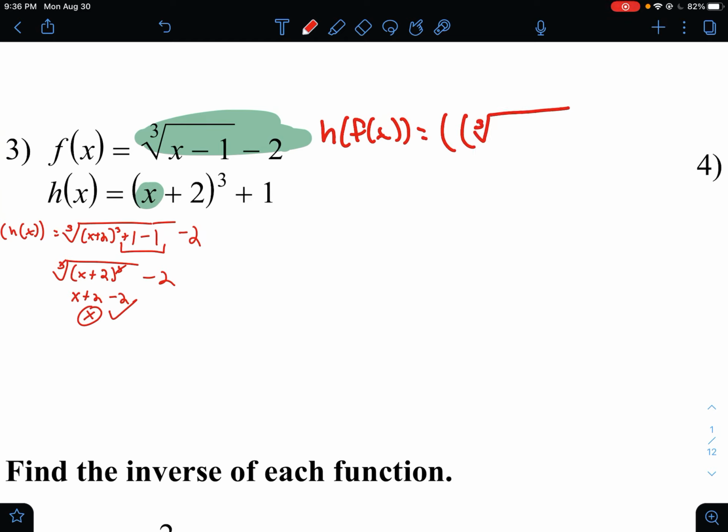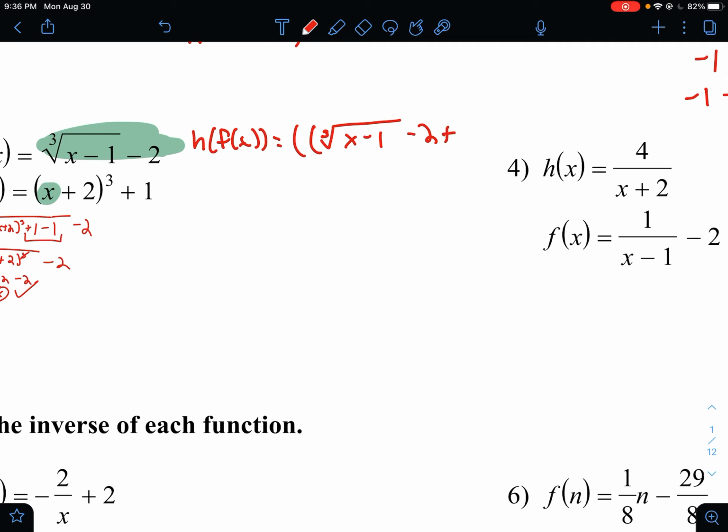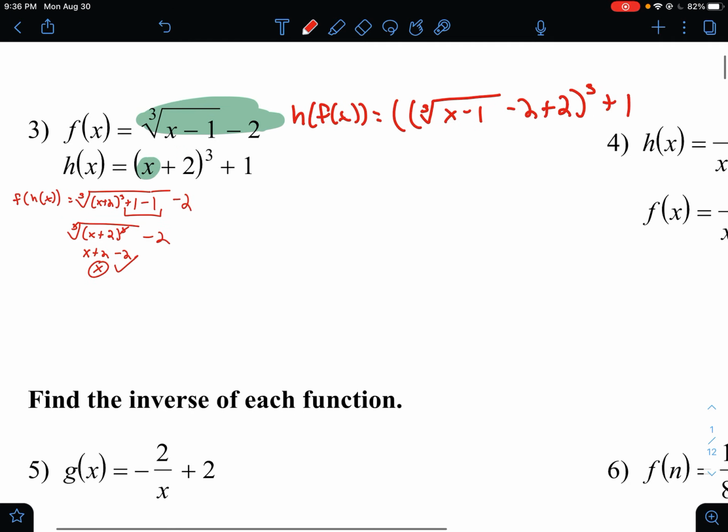So I'm going to do cube root of x minus 1 minus 2, and then I have to do a plus 2 cubed plus 1. And you're probably like, oh my gosh, where did this stuff come from? Well, this guy got put in right here.